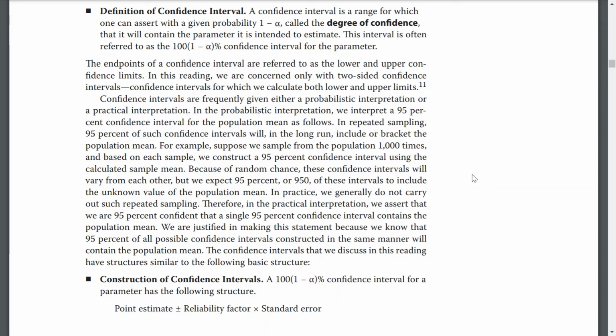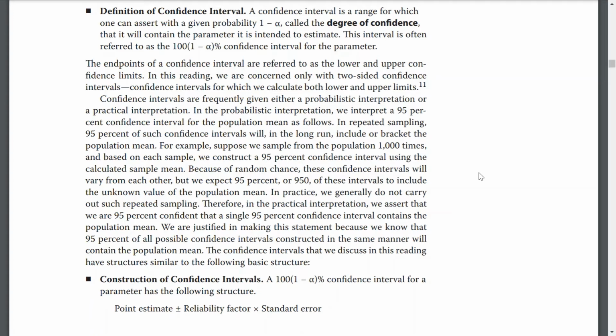For example, suppose we sample from a population 1,000 times, and based on each sample, we construct a 95% confidence interval using the calculated sample mean. Because of random chance, these confidence intervals will vary from each other, but we expect 95%, or 950, of these intervals to include the unknown value of the population mean.